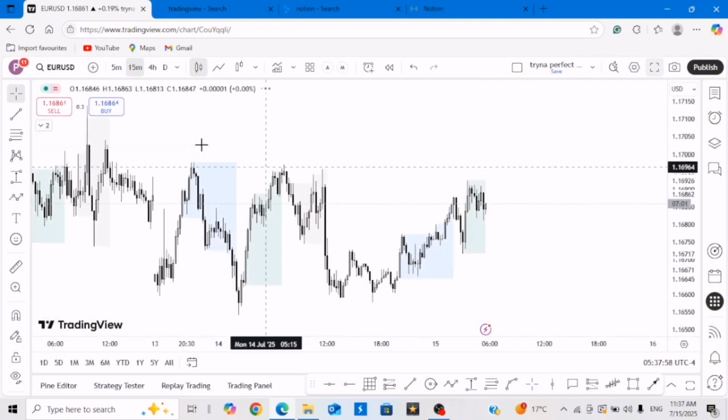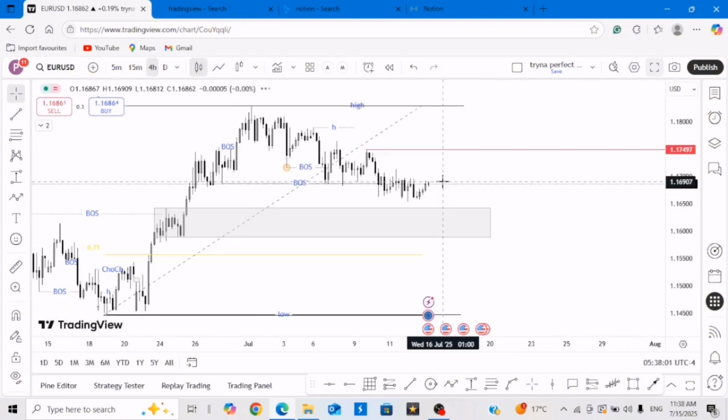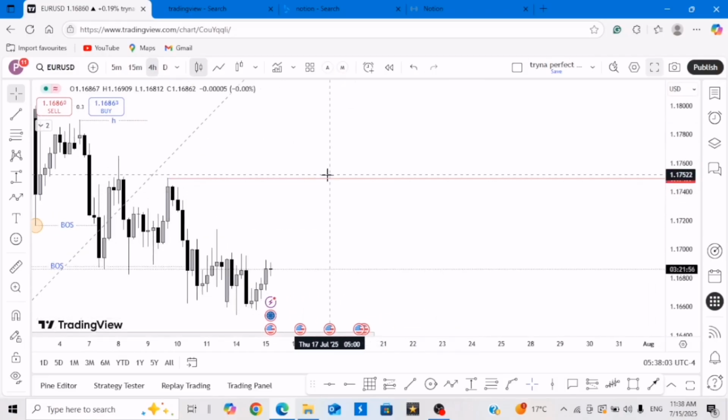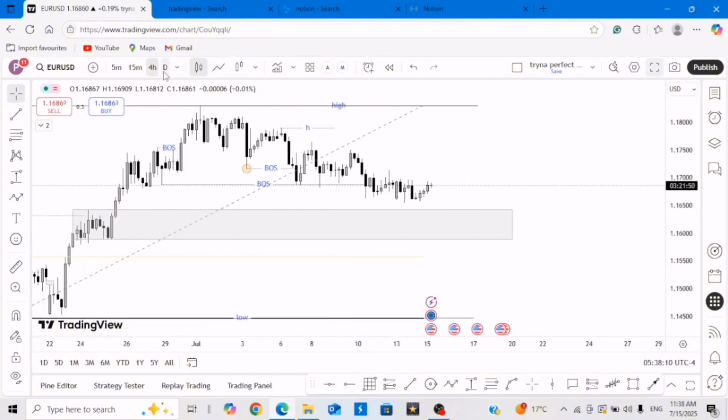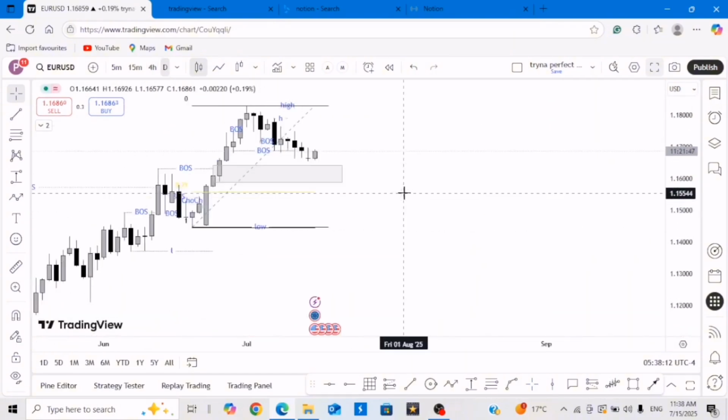And moving on to Euro USD. Let me remove these. Let me just quickly mark it up.